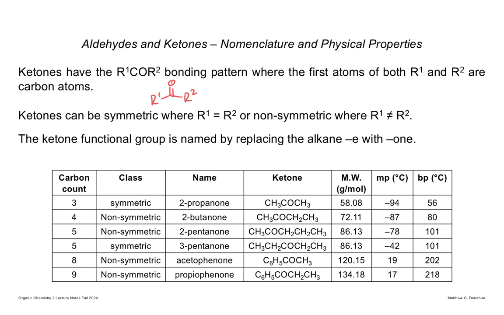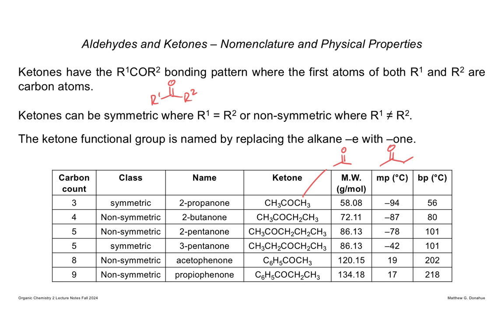So for the first one, 2-propanone, you don't really need to specify the 2, because if it is a ketone, it has to be on carbon 2. Butanone is the same way. If it's a ketone, it's going to be on carbon 2.